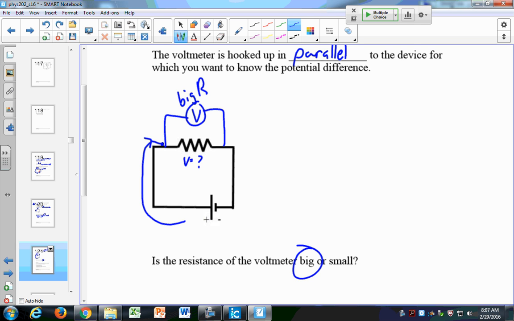And so the charges are going to come here, and they're going to say, which direction should I go? Should I go through this really big resistance and lose a whole lot of energy? Or should I go through this little bitty resistor and lose like no energy at all? So they're going to go instead through the smaller of the resistors. So the shunt resistor is huge. It's like 10, 20, 30,000 ohms. It needs to be a lot bigger than your actual resistor that you're measuring across.